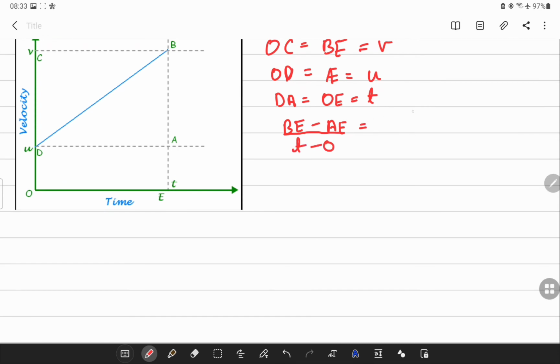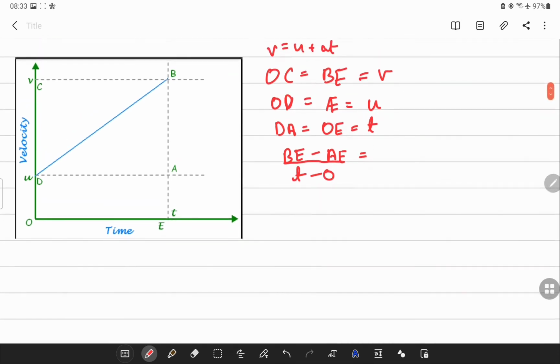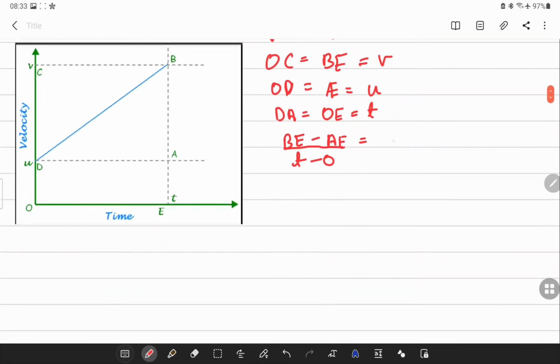Since the units I mentioned, it's not a huge problem, just for this graph. So it will equal (v minus u) by (t minus 0).